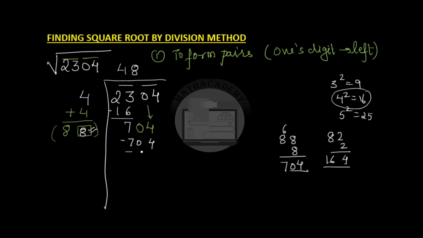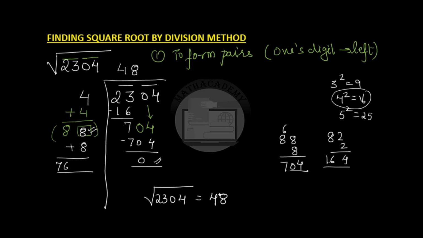You subtract, you get the remainder as 0, and whatever you write here has to be added again. So you get a 96 here. Since we have got the remainder of 0, we say that the square root of 2304 is 48, or 48 square is 2304.